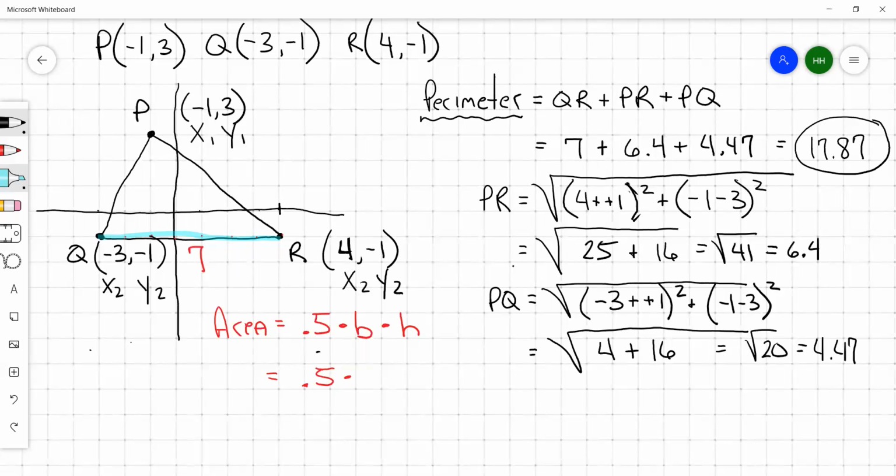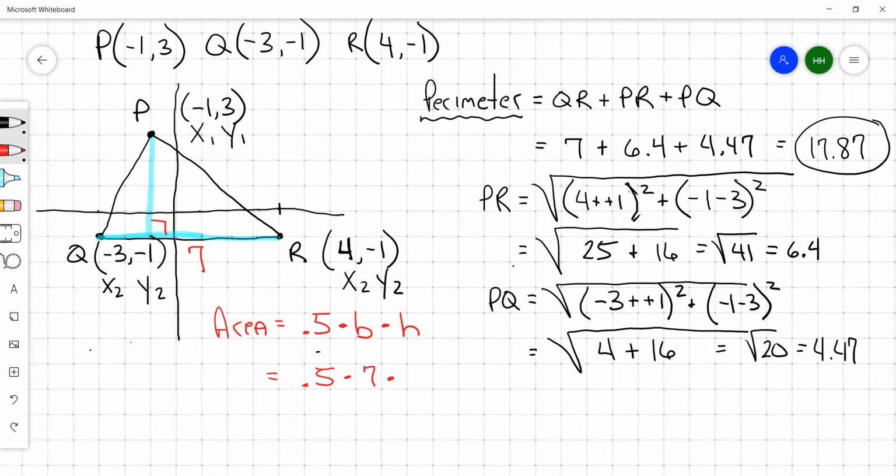Now, when you're talking about base and height, the base and the height of any shape are always perpendicular to each other. So if this base, Q to R, is 7, and the segment that's perpendicular to it inside this triangle, you can count the units again.